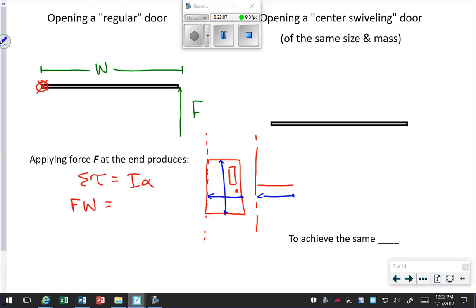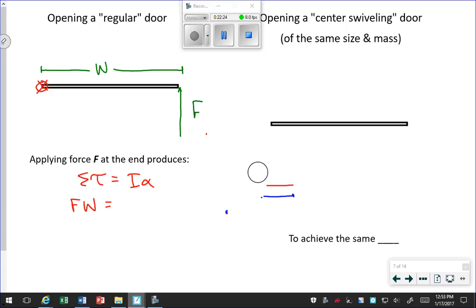Rotationally, we don't care if the door is 40 pounds and is 6 feet tall, or 40 pounds and is an inch tall. Still the same difficulty in making it accelerate rotationally.